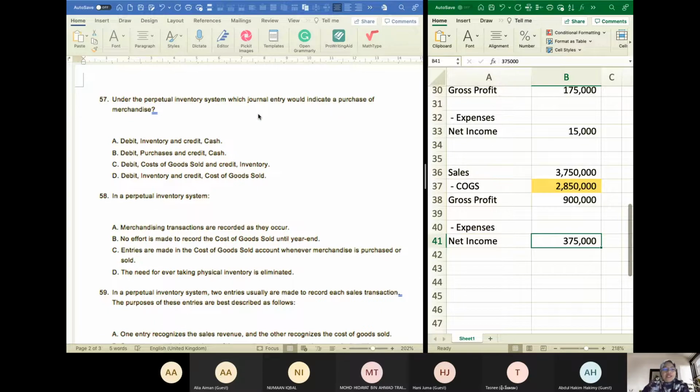B, debit purchases, credit cash. C, debit COGS, credit inventory. And D, debit inventory, credit COGS. If you are not sure, you may want to cancel out the answers which are totally wrong.